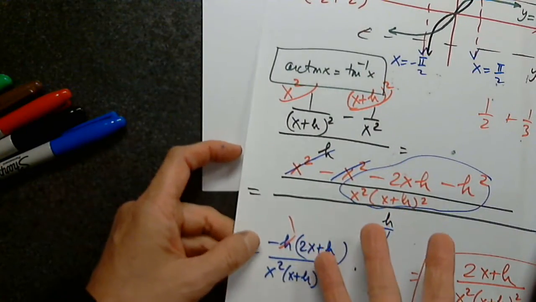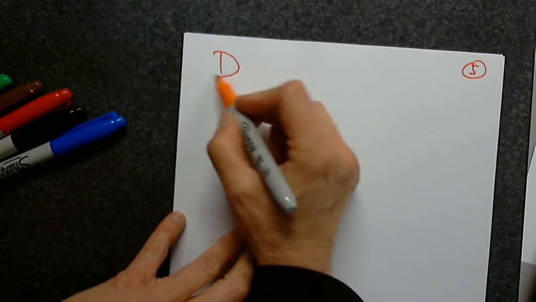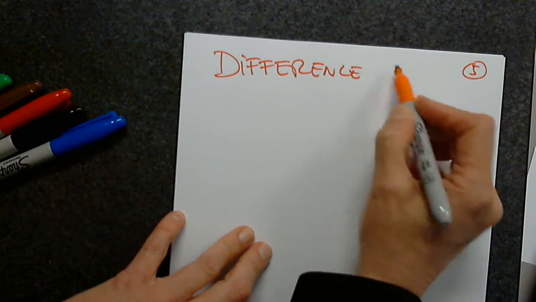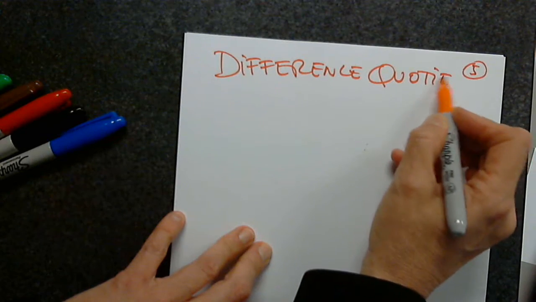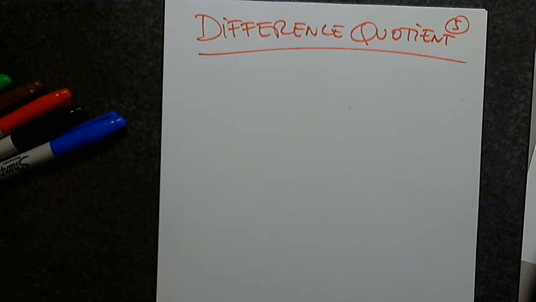So now I would like to talk about where this comes from, why, and what it represents. That's my page 5, the difference quotient.